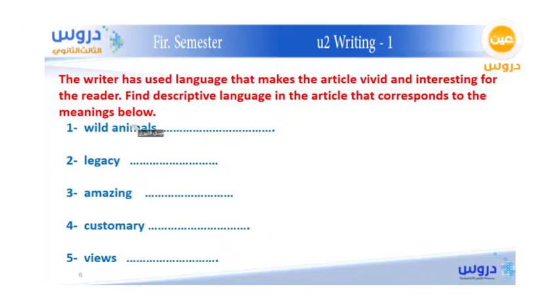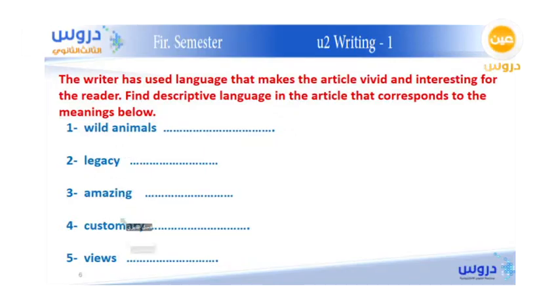Meaning matching, these words have been mentioned in the article. You can answer some of them, not necessarily all. We will check together. A word is matching to these words. Alright, read it well.